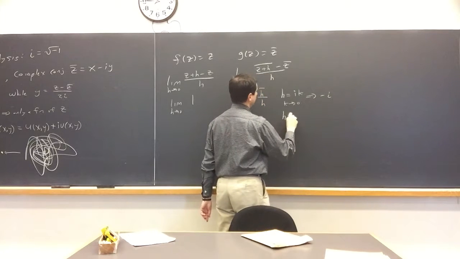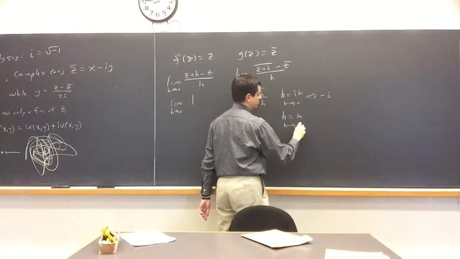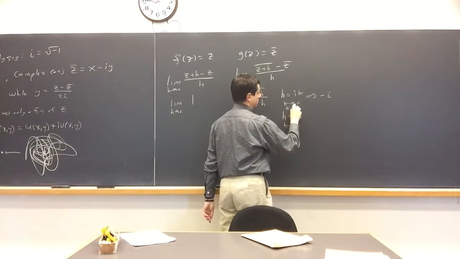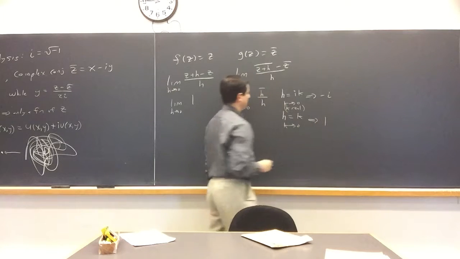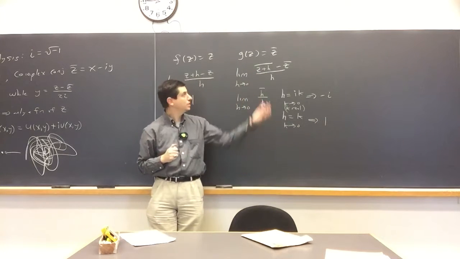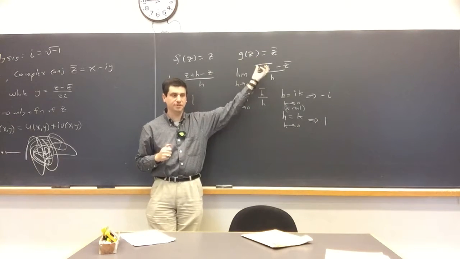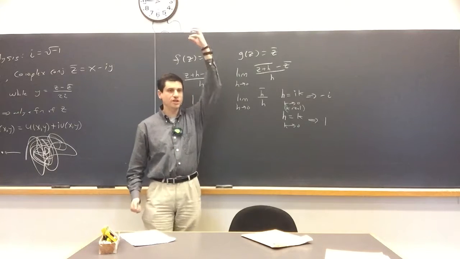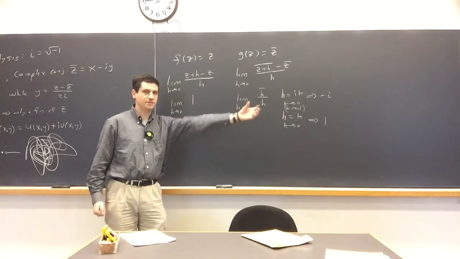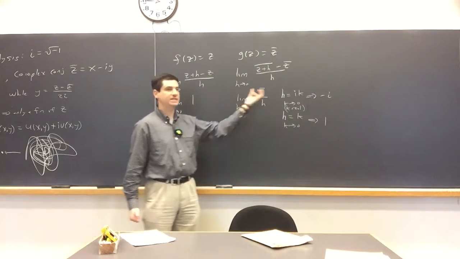But if h equals k, k going to 0, so k real in both cases, this would give 1. So the limit is different depending on how I approach the origin. Or I'm sorry, depending on how I approach z. If I approach down the y-axis, versus along the x-axis, I get a different answer.